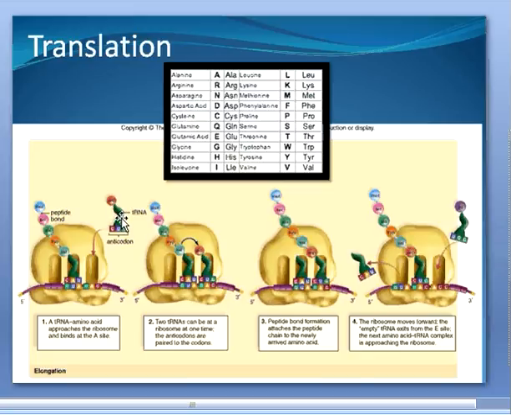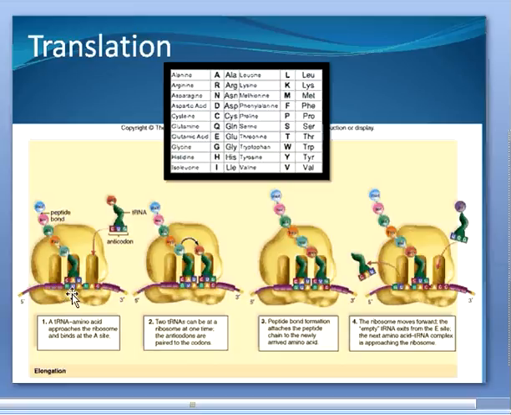It's not called messenger RNA, it's called tRNA or transfer RNA. It's transferring in some very specific amino acids dependent on what the bases are down here, and if the bases can fit right in and match those bases here.